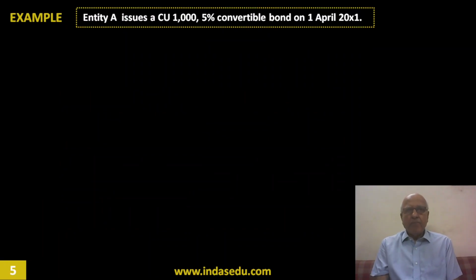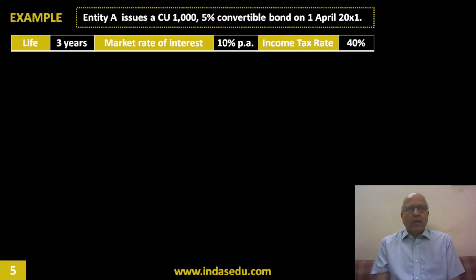Take one example. Entity A issues a CU 100, 5% convertible bond on 1st April 20X1. Life 3 years, market rate of interest 10% per annum, income tax rate 40%. Now you see, this is the rate of interest had there been no conversion feature. This is called the effective interest, the market rate of interest.